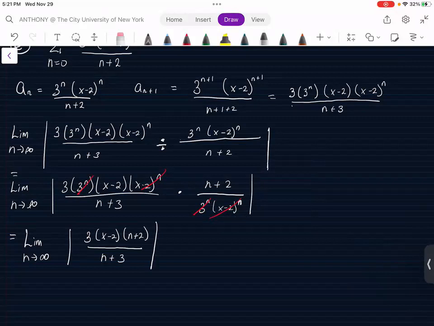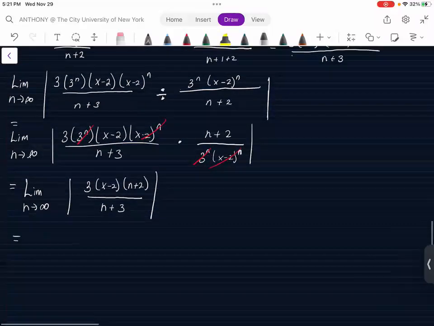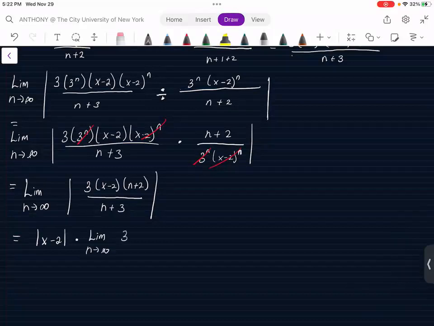So the variable x is irrelevant. You can actually pull out the absolute value of x minus 2 and just compute the limit. So you have the absolute value of x minus 2 times the limit as n approaches infinity of 3 times (n plus 2) over n plus 3.